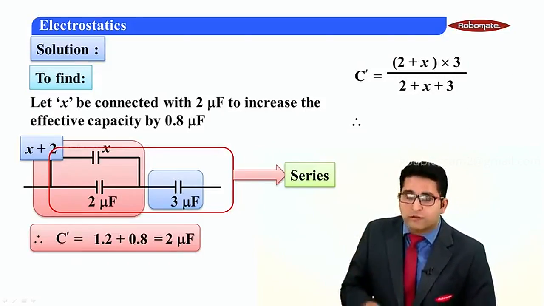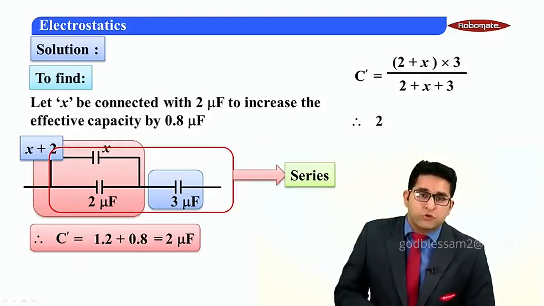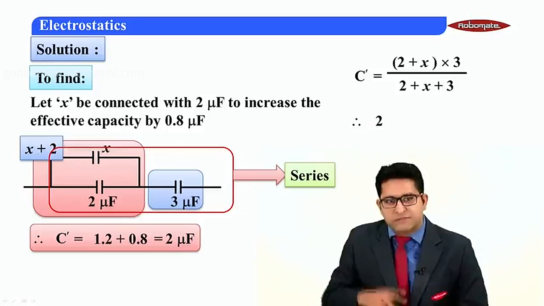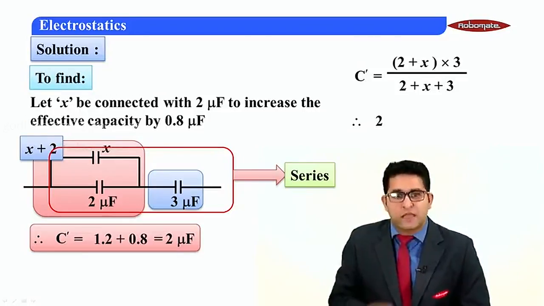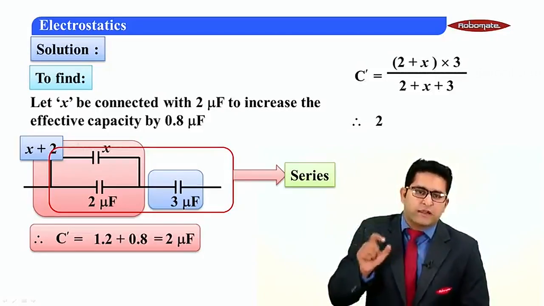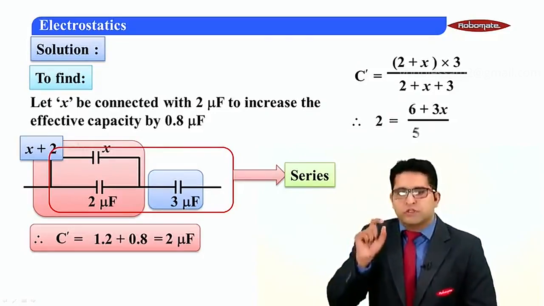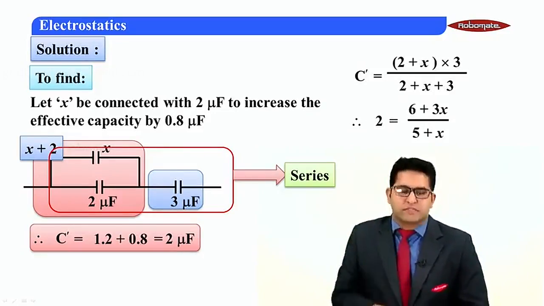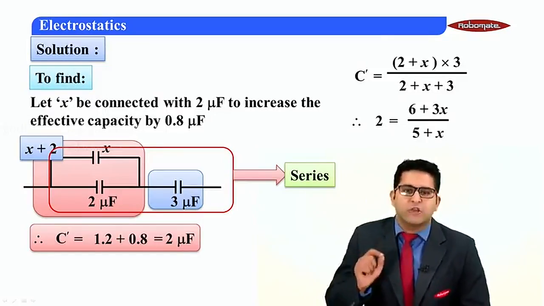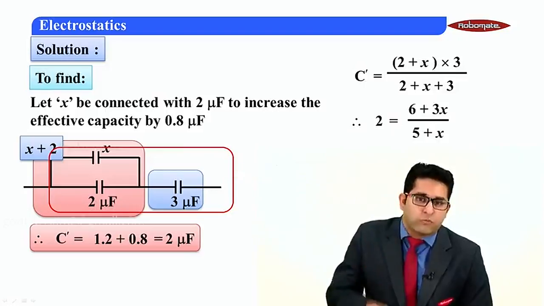It is 2 microfarad. So this can be written as 2 equal to, multiplying 3, 3 into 2 is 6, 3 into X is 3X, and in the denominator 2 plus 3 is 5. So 2 equals (6 plus 3X) upon (5 plus X). Now if you cross multiply and calculate, you will get the value of X as 4 microfarad.